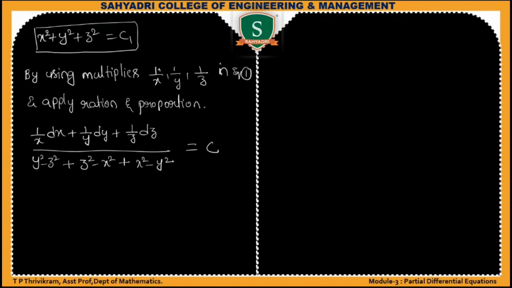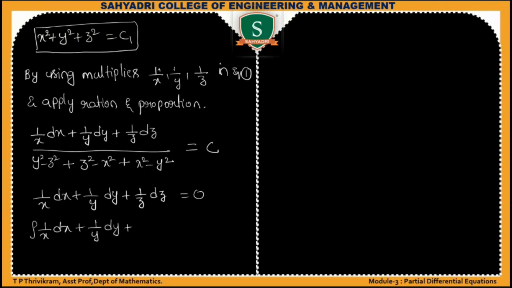So all get cancelled. Finally, 1 by x dx plus 1 by y dy plus 1 by z dz equal to 0. Now we apply integration: integral 1 by x dx plus 1 by y dy plus 1 by z dz equal to 0.